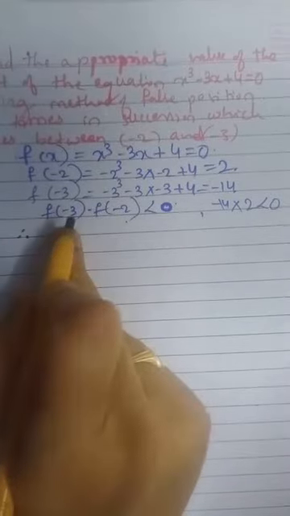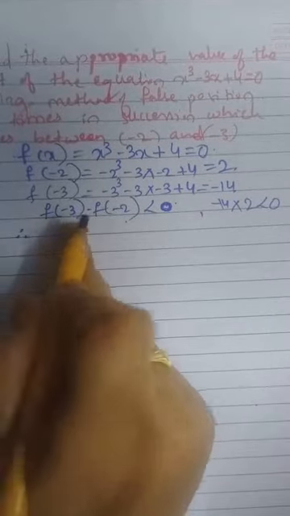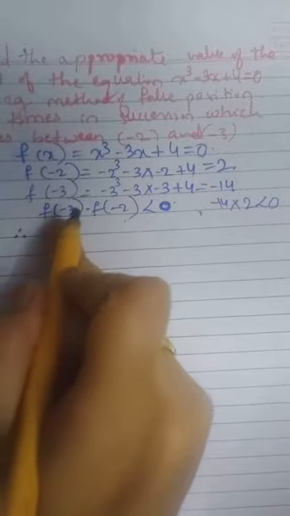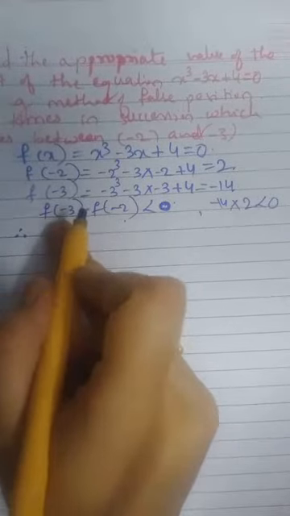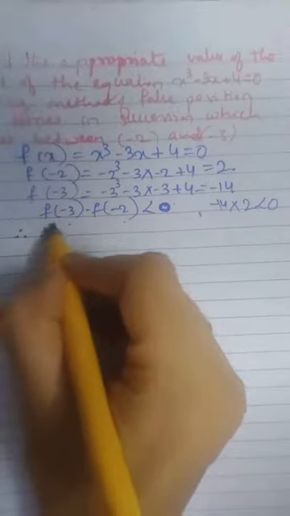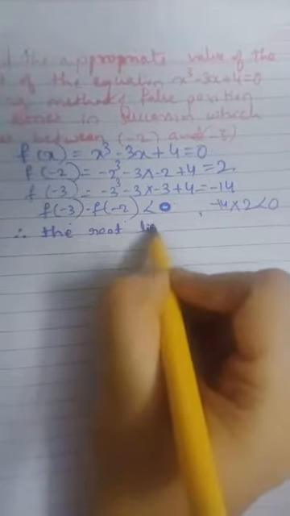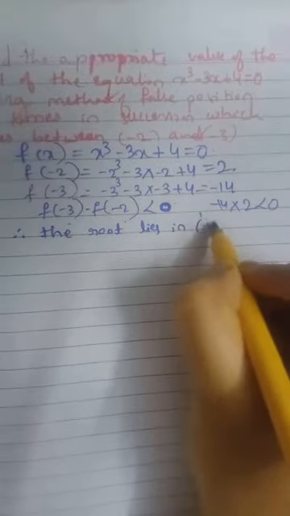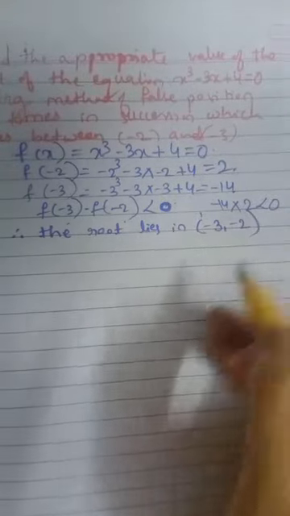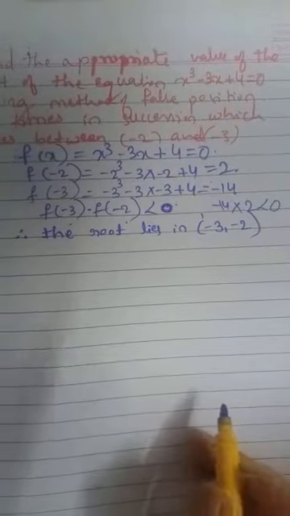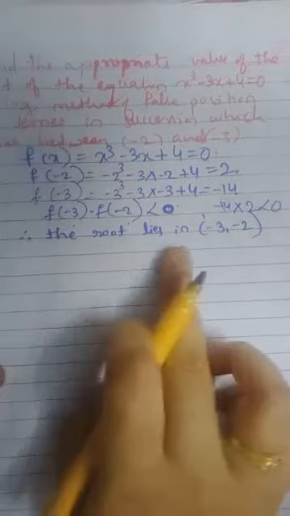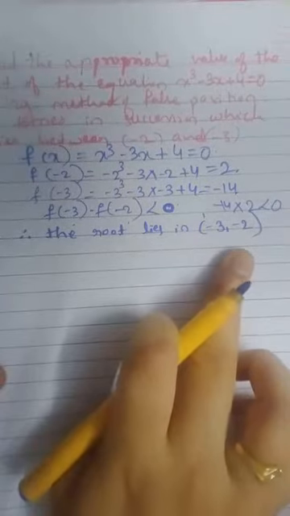Therefore, -3 is the smallest number here, so the root lies in the interval -3 comma -2.